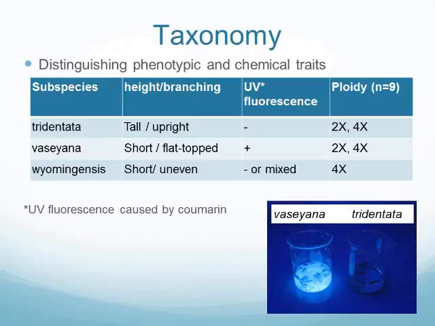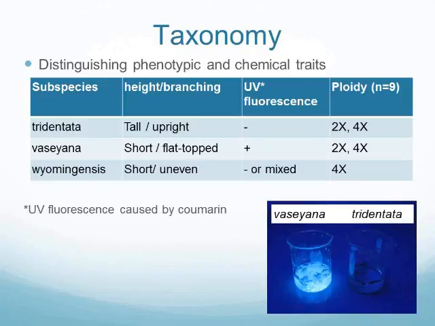Artemisia tridentata ssp. tridentata is the basin subspecies. It's pretty obvious when you see these plants. Usually they're quite tall, with upright branching. You can also do some chemical tests. UV fluorescence is negative with this, and I have an example down here at the bottom.